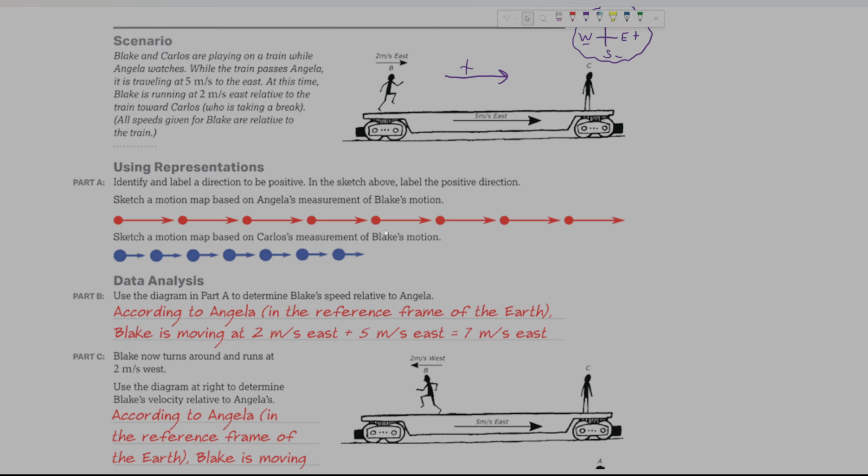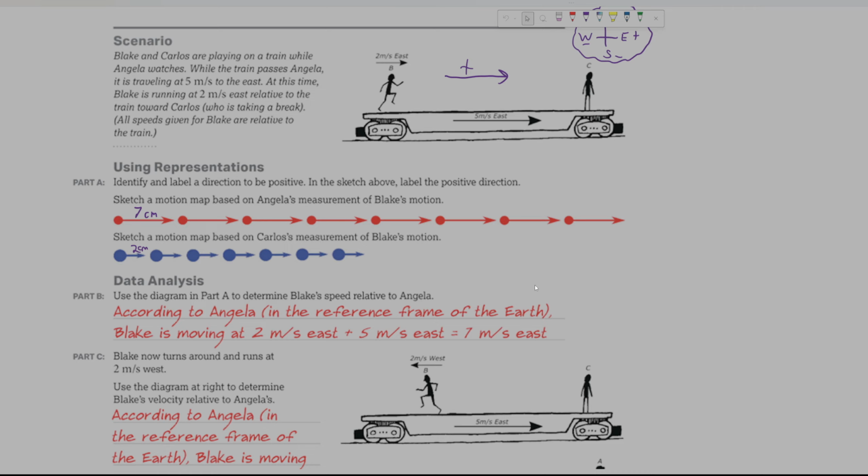So if you really want to be careful with this, you would draw maybe a 2 centimeter arrow for Carlos's measurement, and you might draw a 7 centimeter arrow for here. Let me just jot that down here. Or millimeters, whatever works on your page. This is if you really want to be careful with your motion maps and to scale. It doesn't say to do that, so if you revisit this, it will make a little more sense if it doesn't right now.